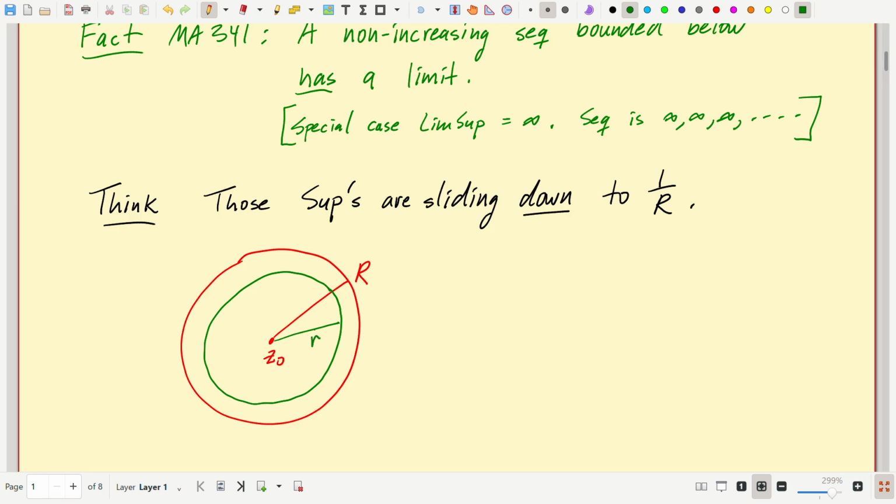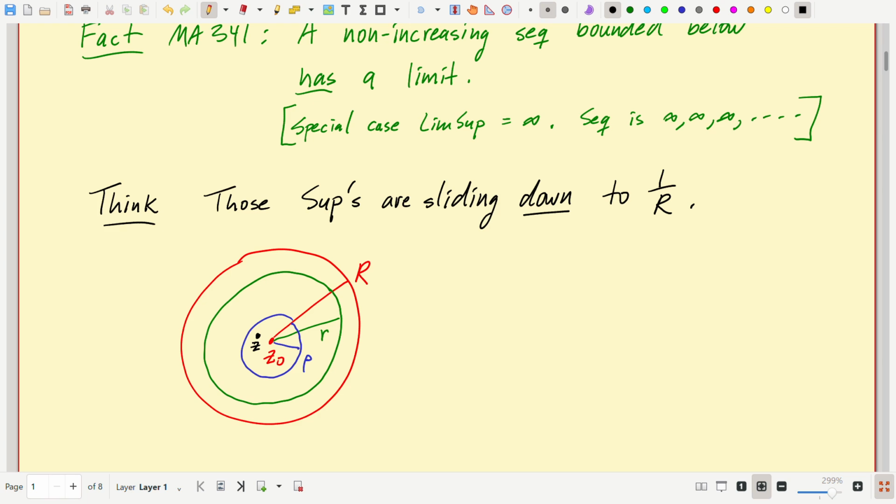And then I'm going to take an even smaller circle, just in case. So there's r. And then I'll take a smaller one, radius rho. And those z's I'm going to take are going to be inside this smaller circle when I start thinking about convergence.